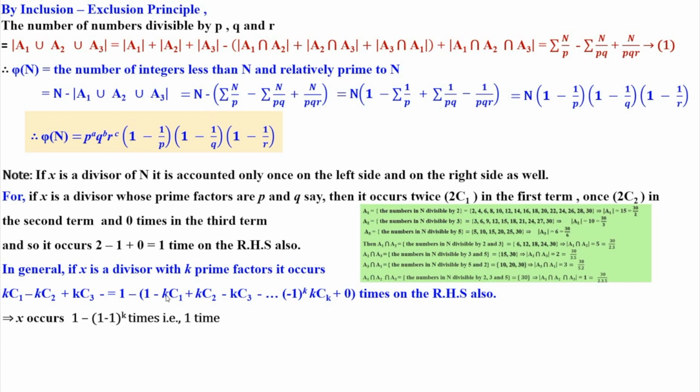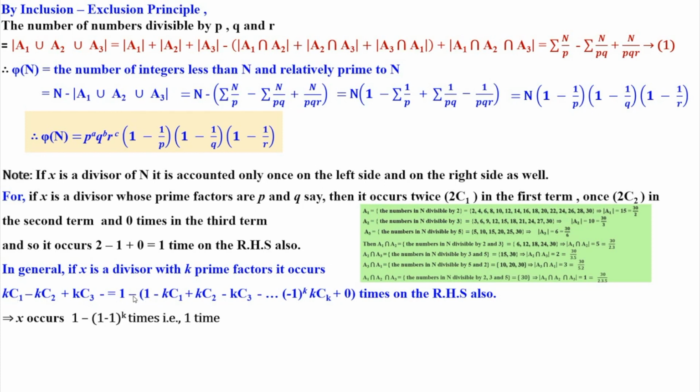But on the right side, in the first term, when we write for the general case, it will occur KC1 times. And then here it will occur KC2 times, plus, minus, like that it will go. Now what we do is, we add and subtract 1 and take out the minus sign. So minus into minus is plus, that is what we have here.